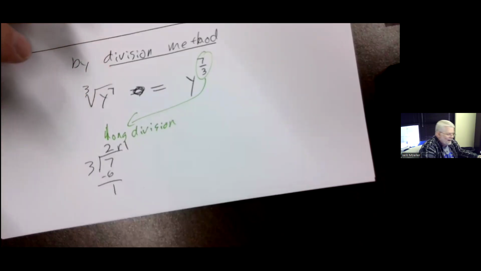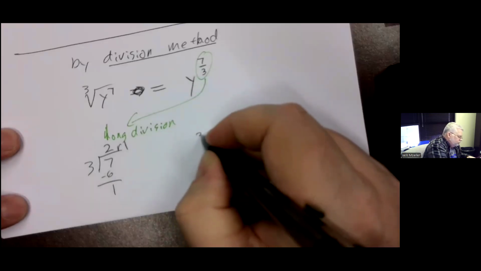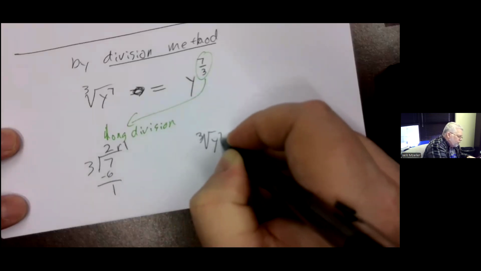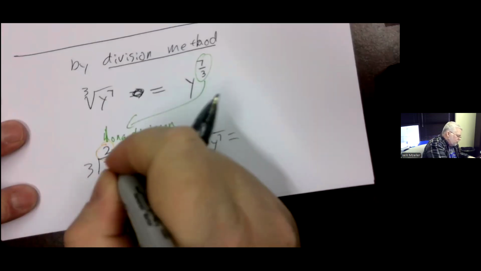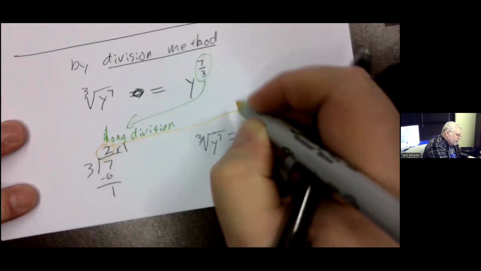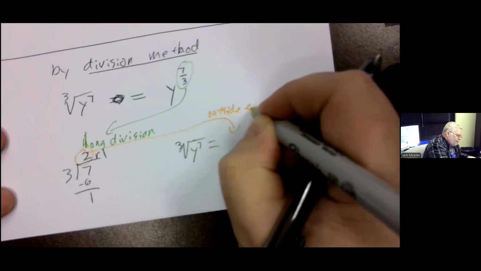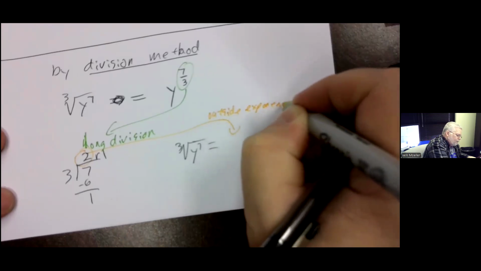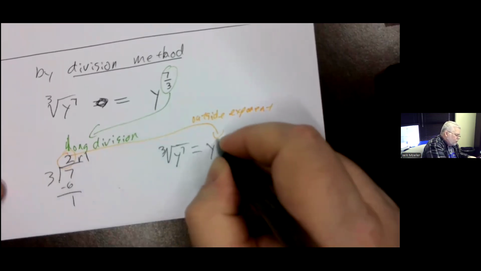Okay. And so how does that give us our answer? If we're simplifying the cube root of y to the 7th, this whole number part is our outside exponent. So since we have 2 for that long division, that would be y squared.